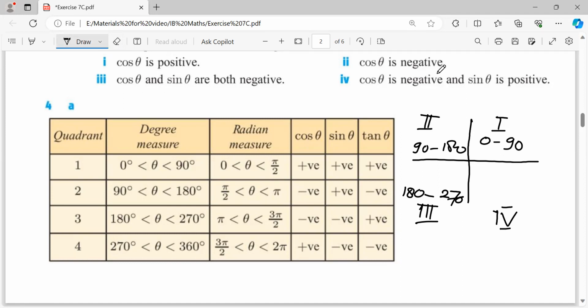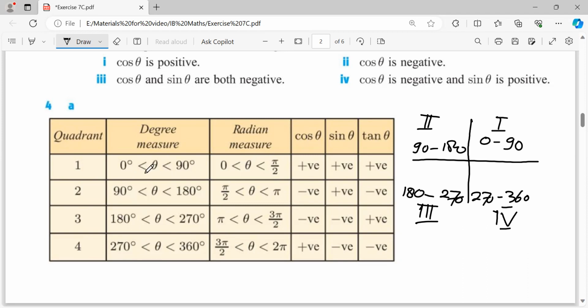And the intervals are 0 to 90, 90 to 180, 180 to 270, and 270 to 360.